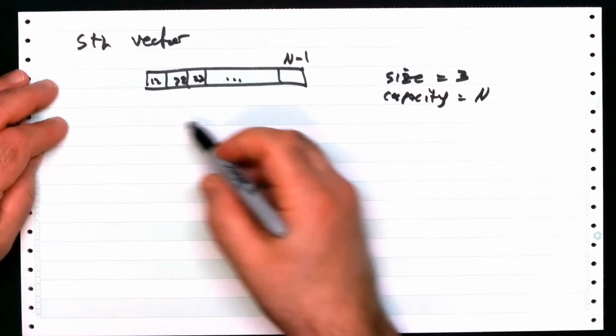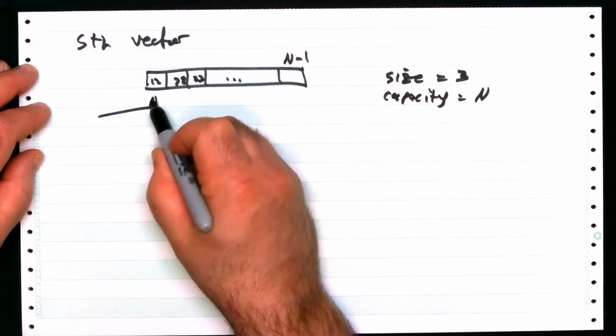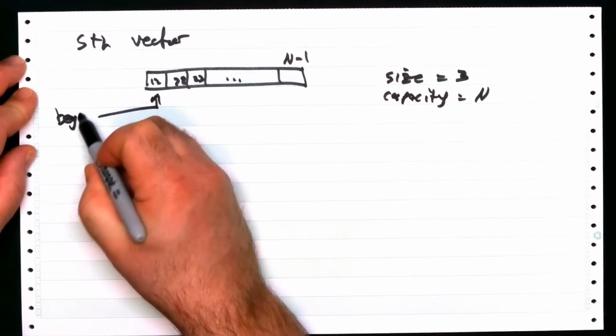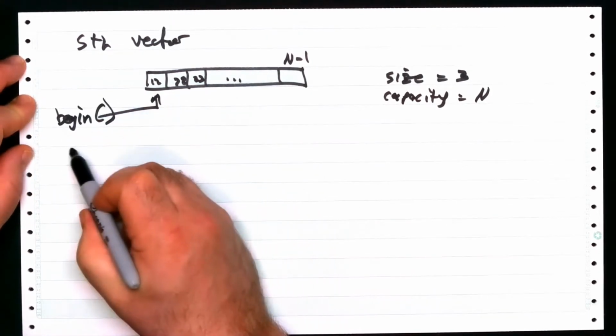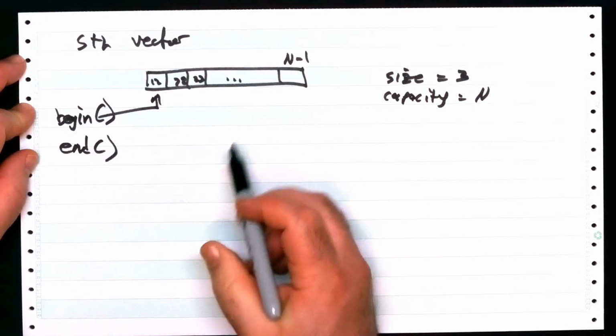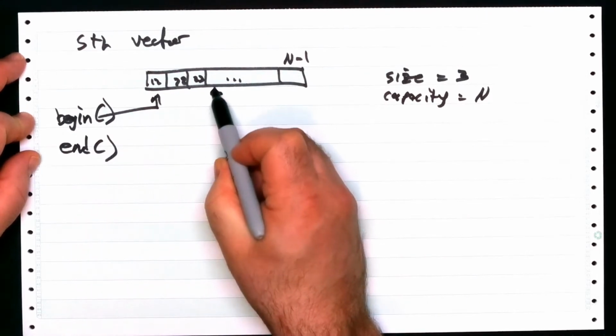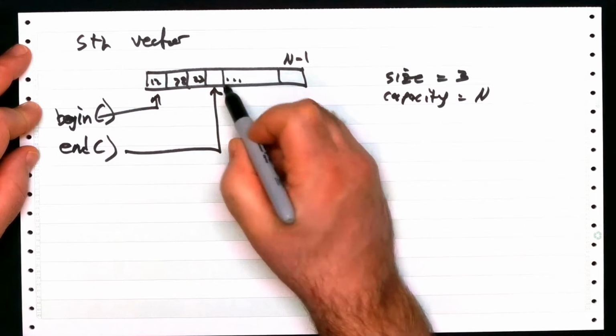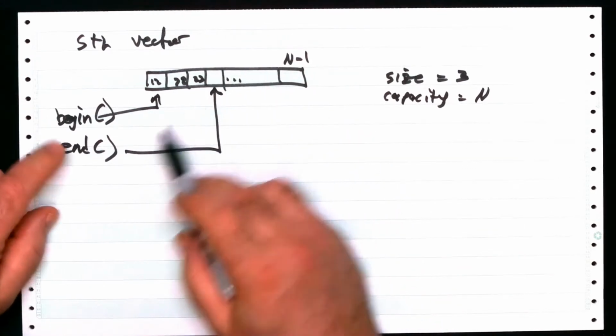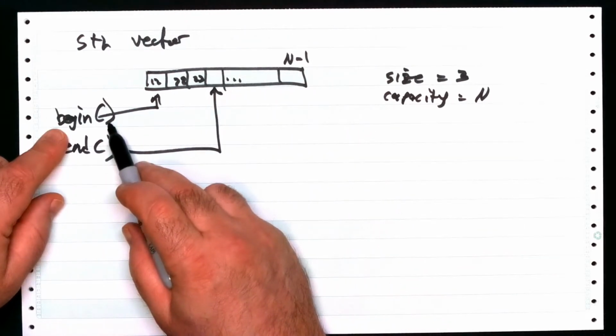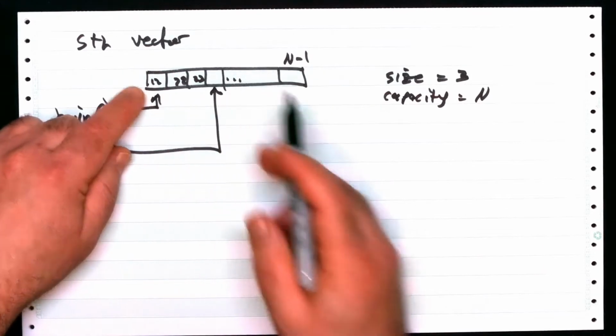Now, we need to understand this thing here. Begin and end. Now notice I was careful where I put this arrow. Begin is obvious. Begin points to the first element.